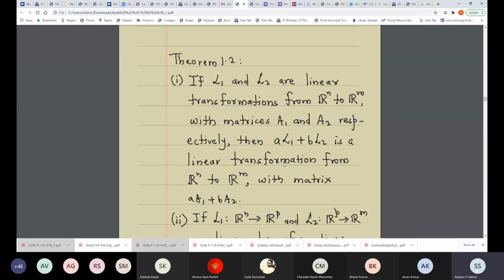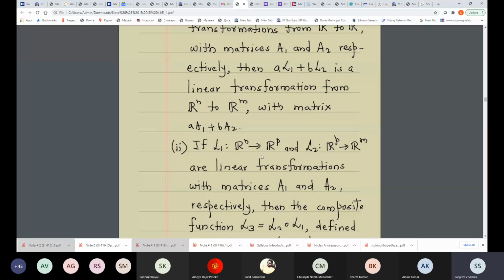If you're given two linear transformations, there would exist two matrices, A1 associated with L1 and A2 associated with L2, and the matrix associated with this new transformation aL1 plus bL2 is given by aA1 plus bA2.